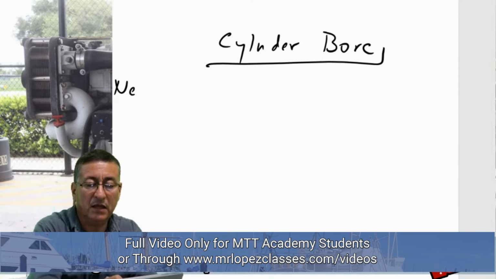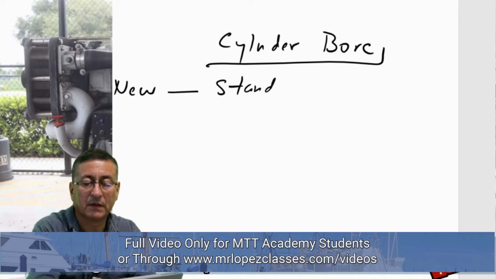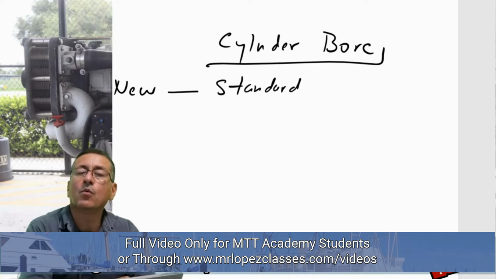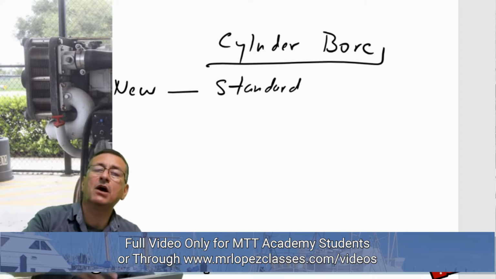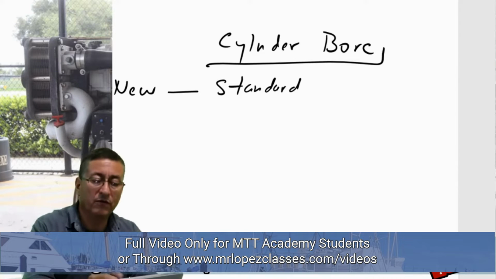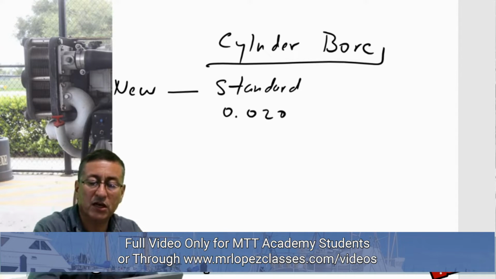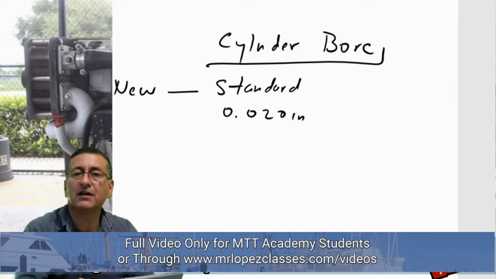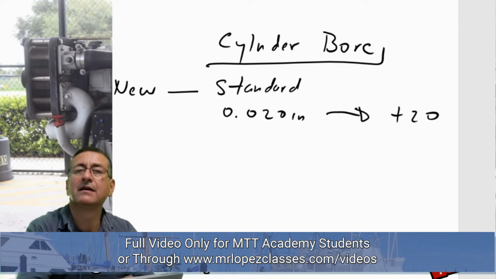When the engine is a new one, you say that the bore of the cylinder is standard. When you hone the cylinders, when you send the block to the machine shop and they bore it the first time, they remove 0.020 inches, and you say that my block right now is +20.